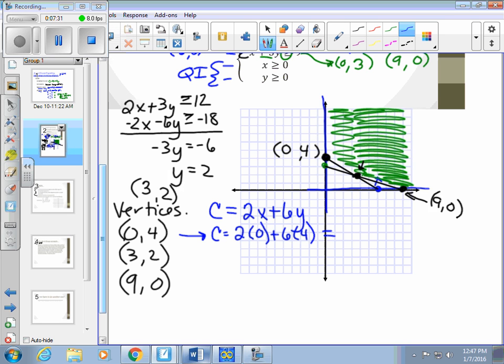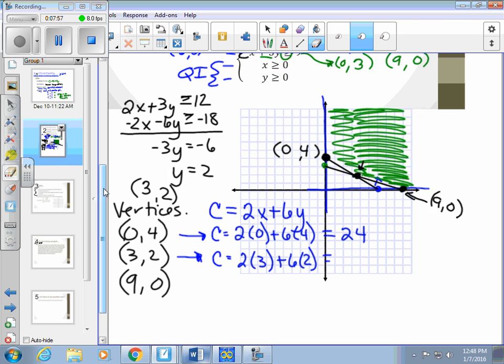So when I plug in 0, 4, we get a value of 24. When we plug in 3, 2, I have 2 times 3 plus 6 times 2. When we solve that, I get 6 plus 12 is 18. That was a step ahead.